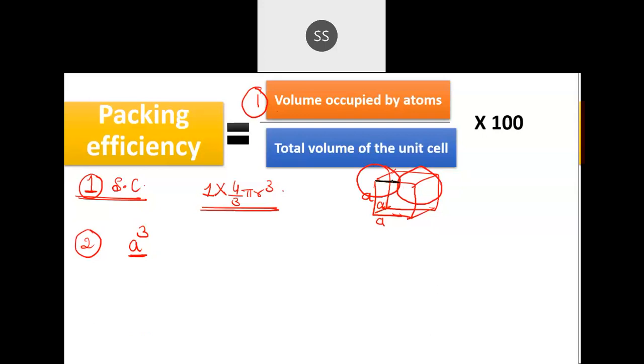Only the radius part of one atom comes to this edge length, and for the other atom also only the radius part will come here. So that is r plus r. If you know the radius of this atom, only then you will be able to calculate the edge length. So r plus r gives you 2r.